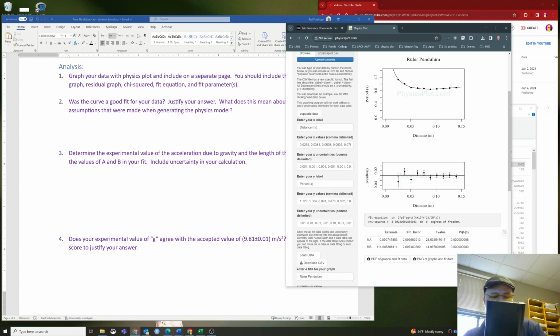So if I take the square root of 8, it's 2.8. So if this number is between 8 plus or minus 2.8, then it's a good fit. If the number is bigger than 8 plus the square root of 8, then it's not a good fit. So this one is a good fit.